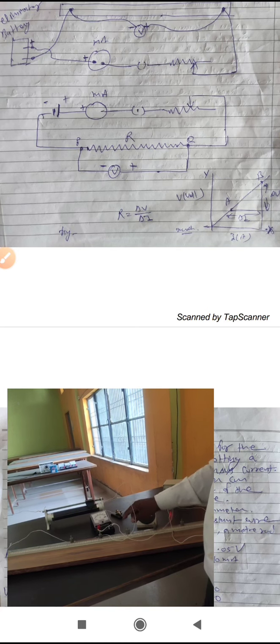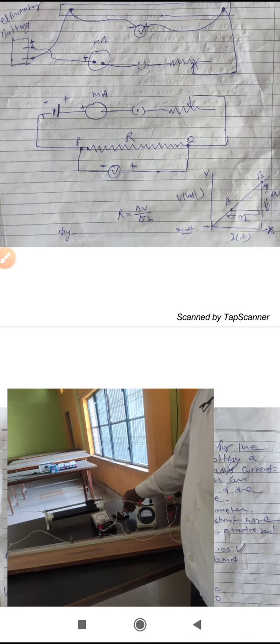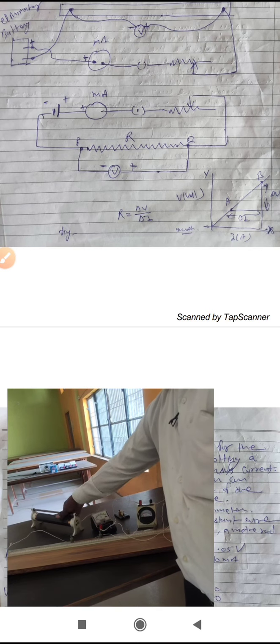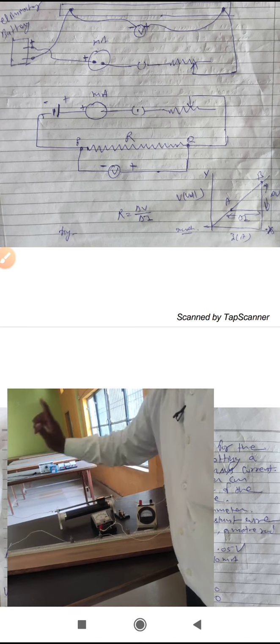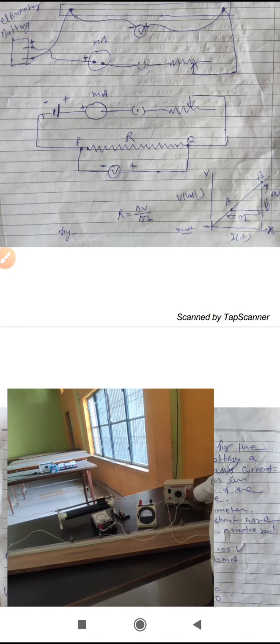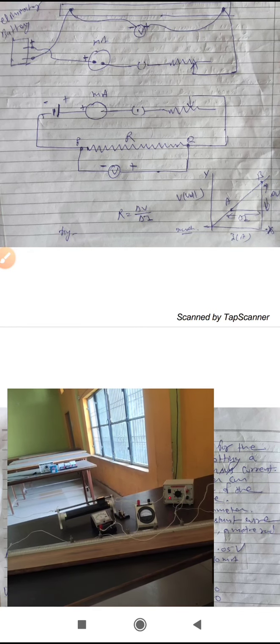The positive terminal is connected to the positive terminal of the ammeter, and the negative terminal is connected to the one-way key. The second terminal of the one-way key is connected to the lower terminal of the variable resistor, and the upper terminal of the variable resistor is connected to the point B. The negative terminal of the battery eliminator is connected to the point A. The voltmeter's positive terminal is connected to the positive, and negative to negative.